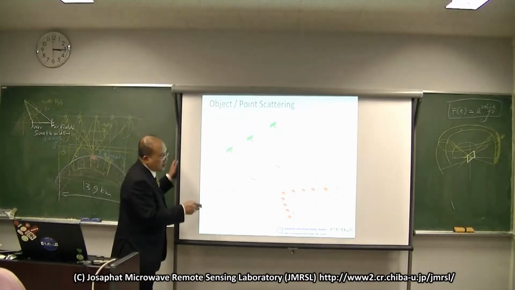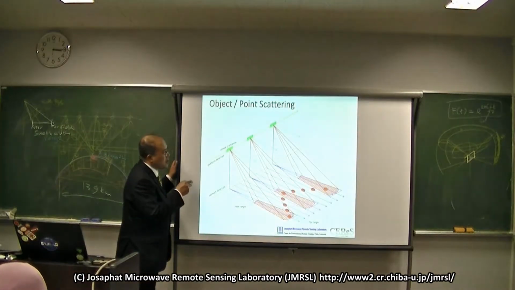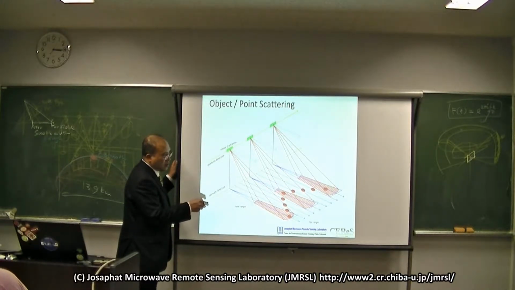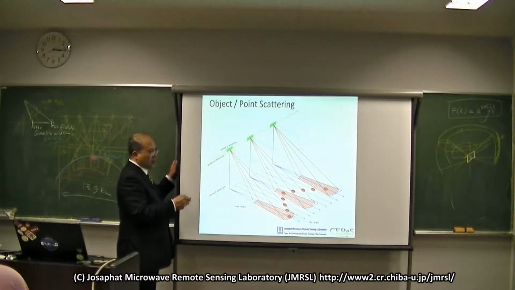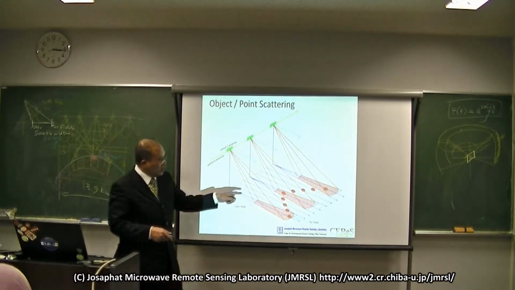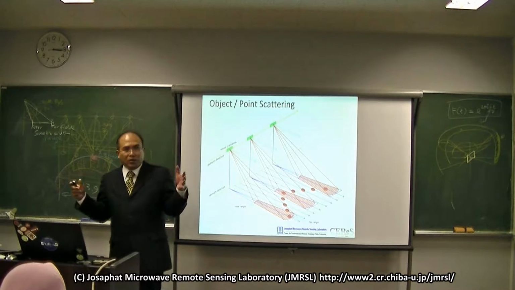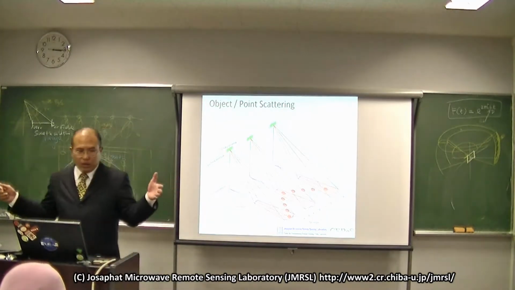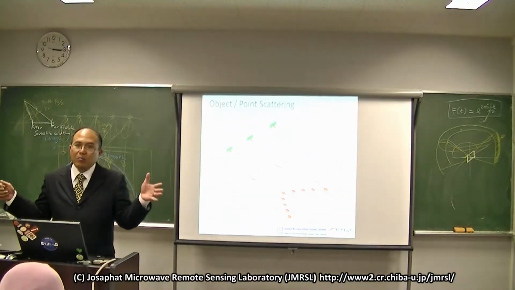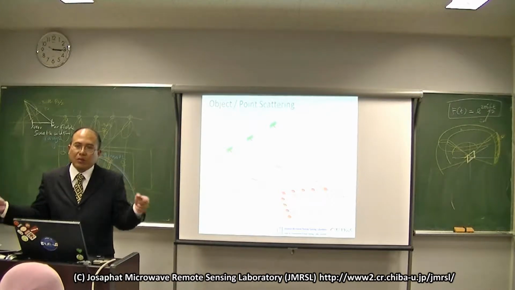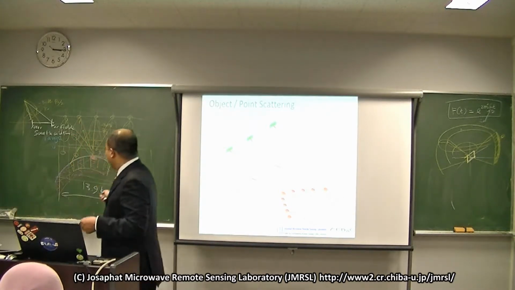If we want to observe this point while moving like this, you will get a footprint like this. It is the response from just one point, but actually we have the beam spreading of the pulse.